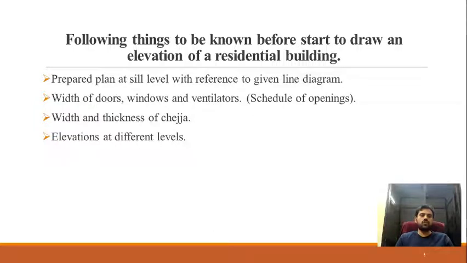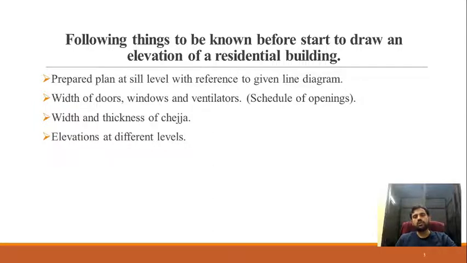Before this, we have prepared a plan at sill level with reference to the line diagram and schedule of openings. With reference to the plan, if you want to prepare a front elevation, we project the lines which are visible from the front end with thin lines and transfer them up to a level. Then we introduce the schedule of openings like doors, windows and ventilators if visible at the front end.